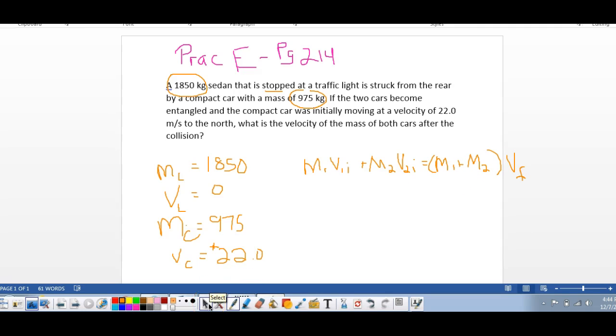And so if we start plugging in some numbers, the one thing we want to remember is this velocity is 0. So if we make this the 1, this becomes a 0 because the velocity is 0, so this could be gone anyway.